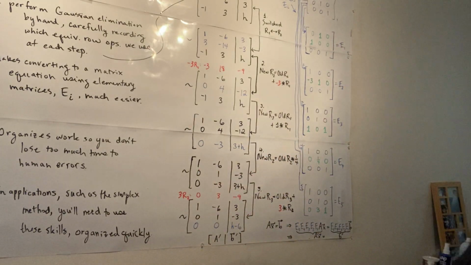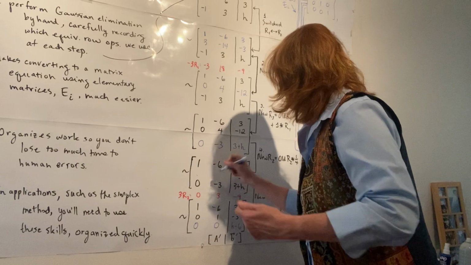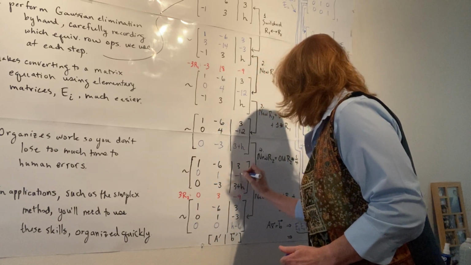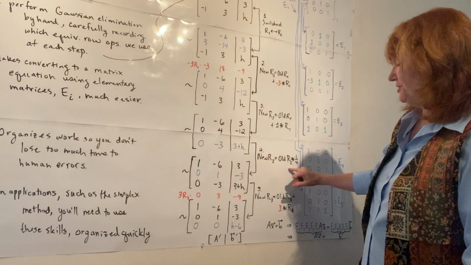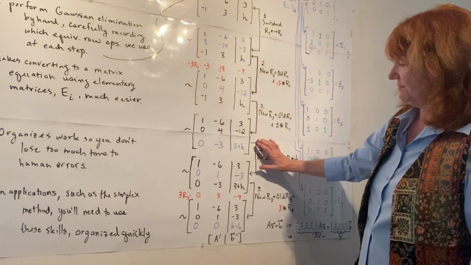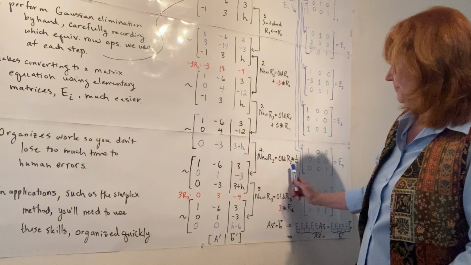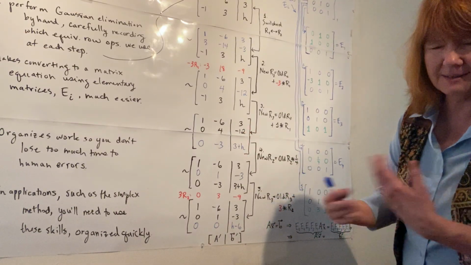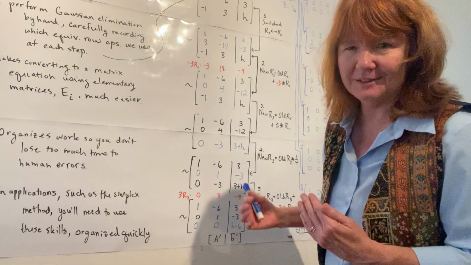So let me fix that. Okay, and I got from here to there by this operation. Keeping careful track of how you denote the operation between what two matrices is worth your time, so that later you can pick it up easily.